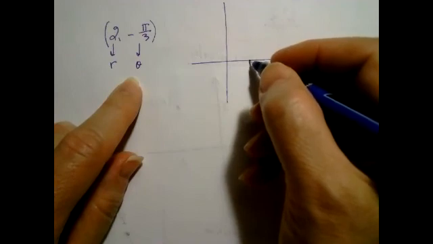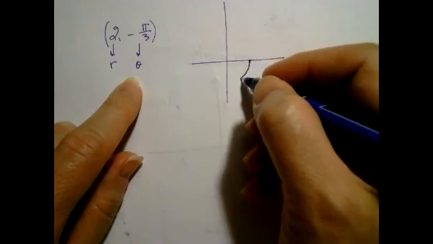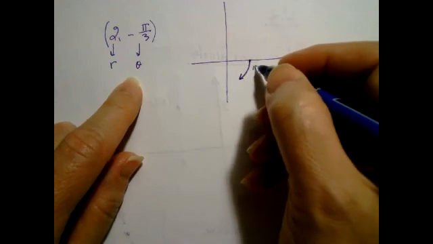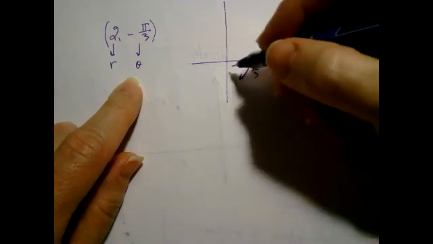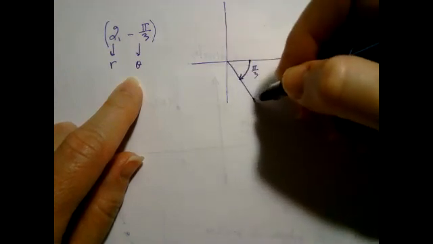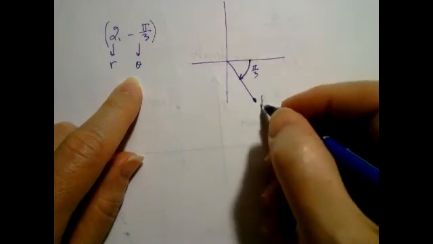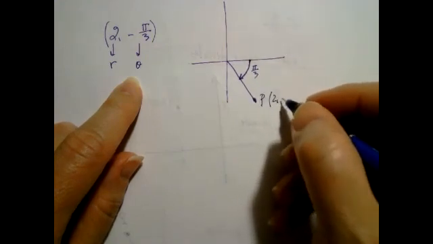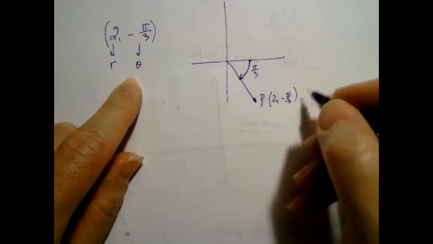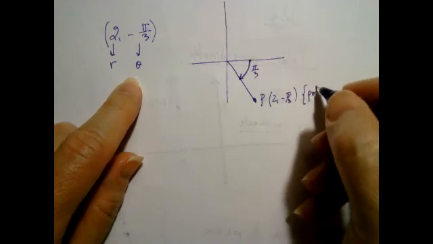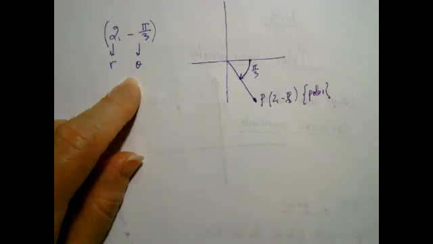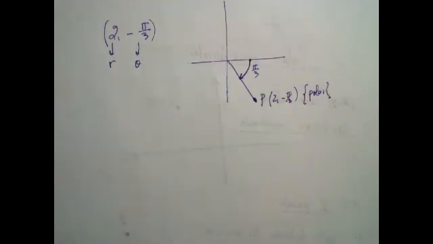That's where we start our theta, and that's important. So we're going to go down by pi over 3, and we're going to move away from the origin by 2. That's the point P, (2, minus pi over 3) in polar coordinate. Okay, so these are the polar coordinates.